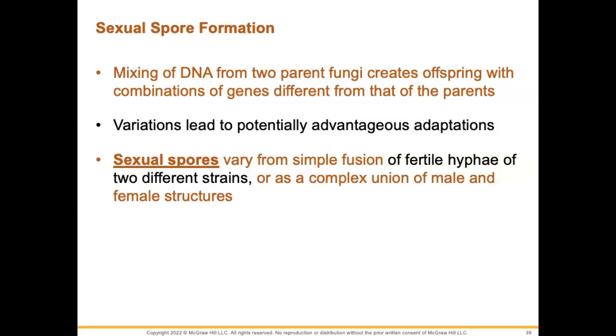So depending on how they reproduce, when the option comes up or when it happens with certain types, if two parent fungi create offspring with combinations of genes from the different parents, then that can make it a little bit of a stronger generation, we'll say.